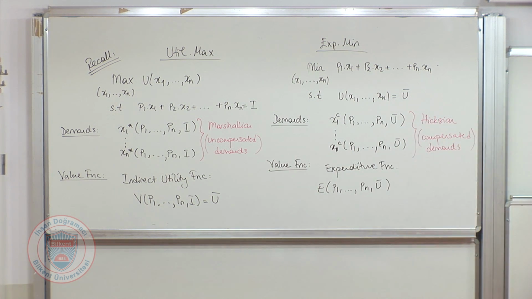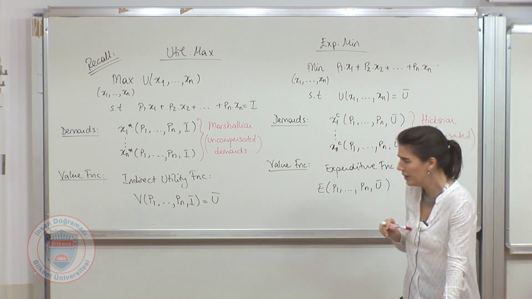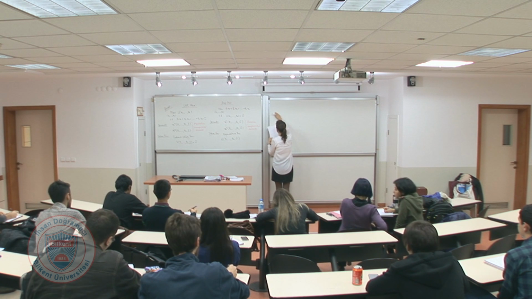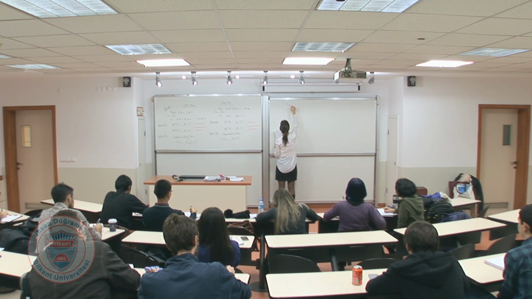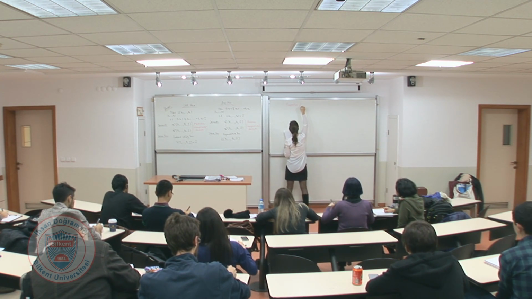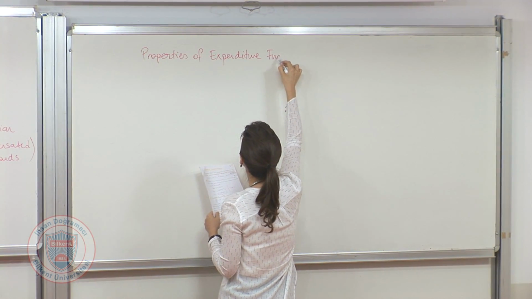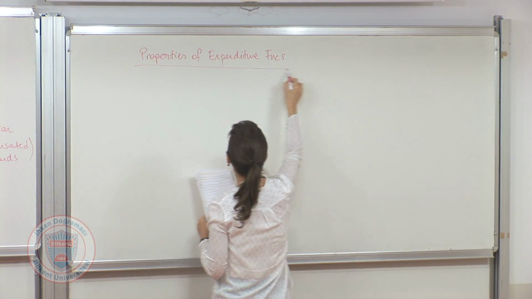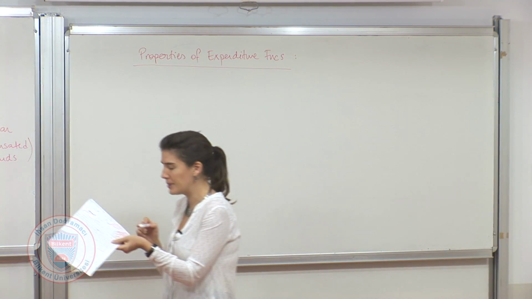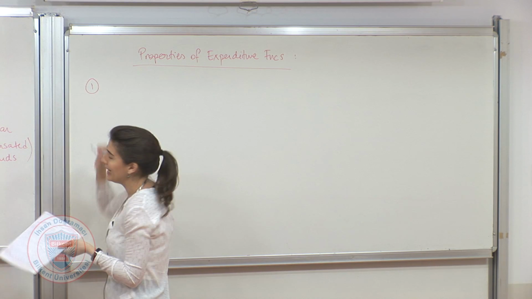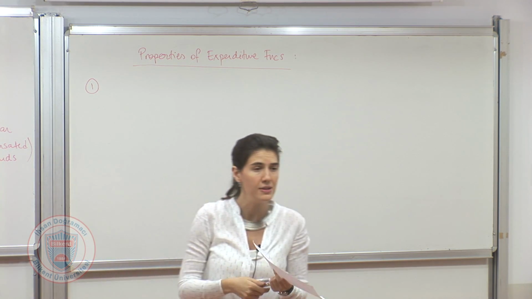Now, I actually promised you, but we didn't get to it, so let me do it now. I promised to tell you a little bit about some properties of this expenditure function, okay? So let me write these down. Properties of expenditure functions. The first one is that you also have these in your book.